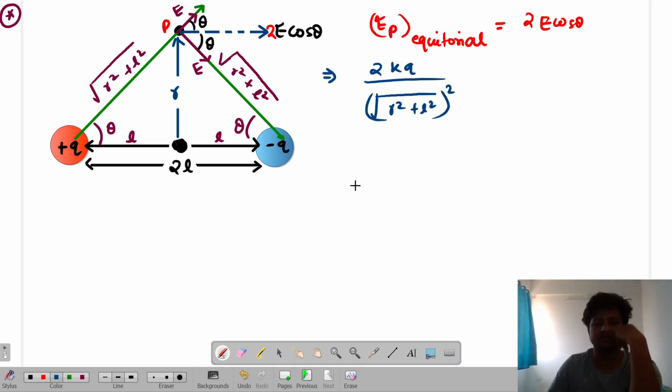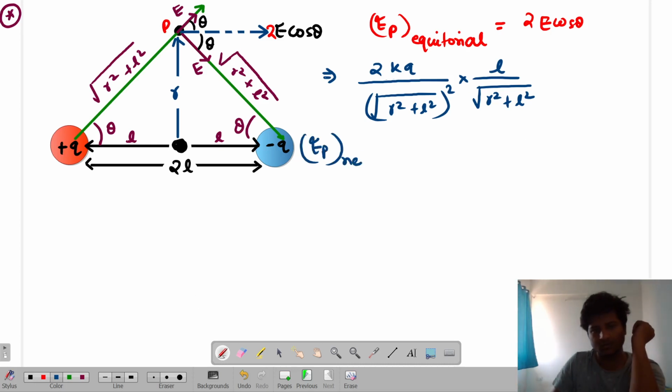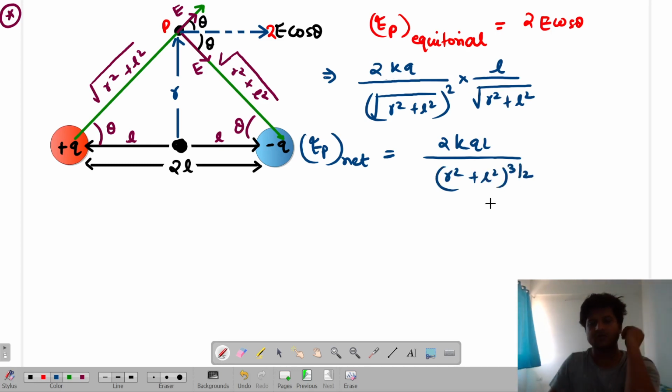That's my electric field. But there is a cos theta term also. So cos theta is what? Base by hypotenuse. So L by square root of R square plus L square. Then it will be twice kqL divided by R square plus L square to the power of 3 by 2.